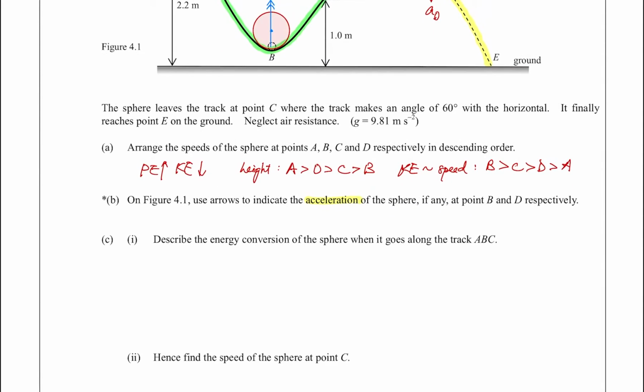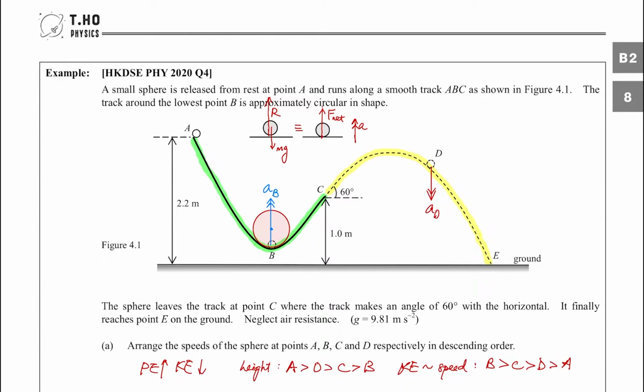Part C. Firstly, describe the energy conversion of the sphere when it goes along the track A, B, C. So that is the green part. We can divide it into two sections. Firstly, when the ball goes from A to B, PE is lost and it turns to KE, so we have PE changing to KE.